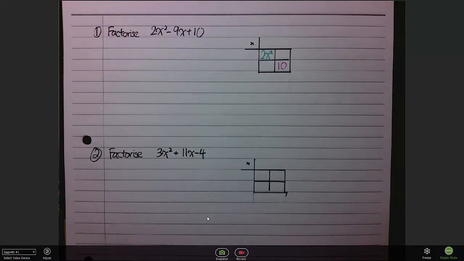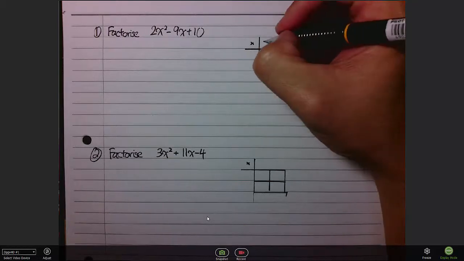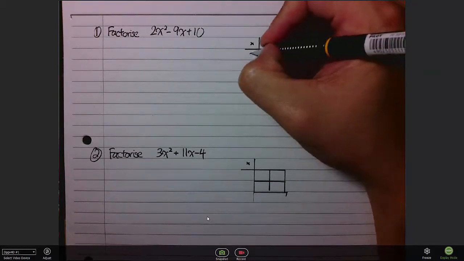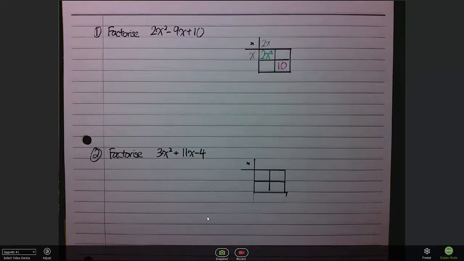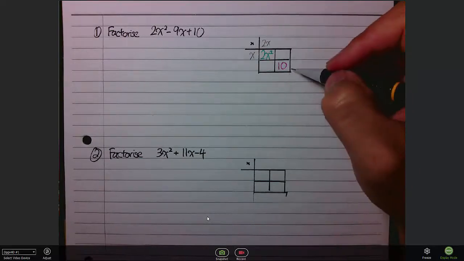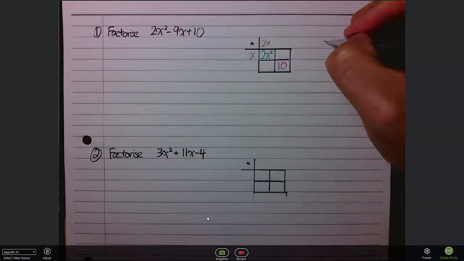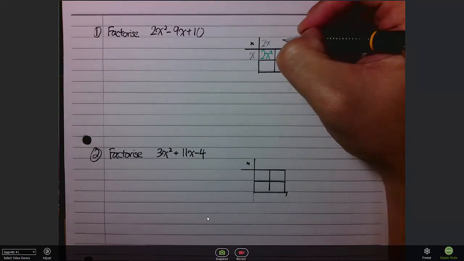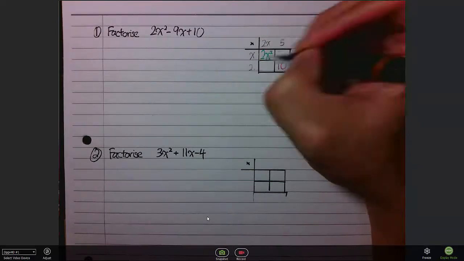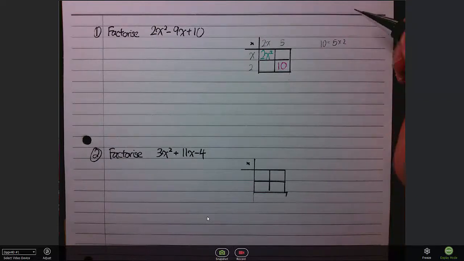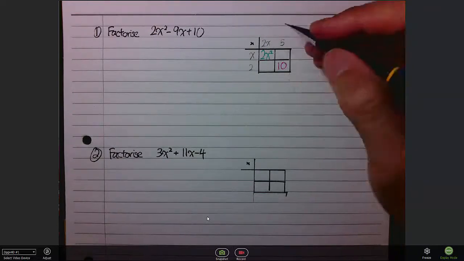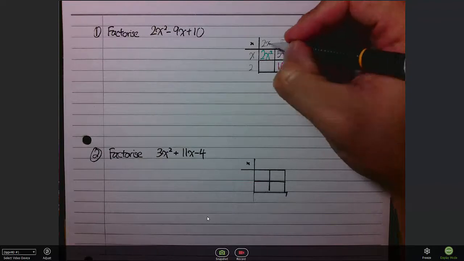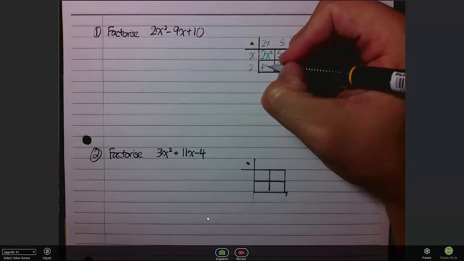Now first and foremost, 2x squared can be written as 2x and x. Simple enough. Alright, 10. Let's try 5 and 2. 10 can be written as 5 times 2. So what I get here is 5 times x is 5x, and 2x times 2 gives me 4x.